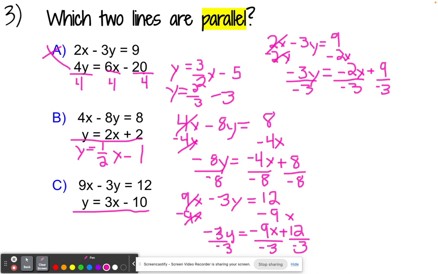This will cancel out and I get y equals negative 9x divided by negative 3, which is 3x. And 12 divided by negative 3 is -4. So this one is my parallel line because they have the same slope.